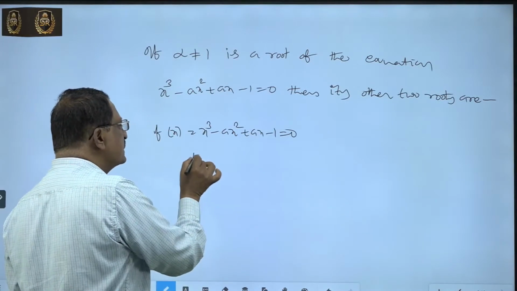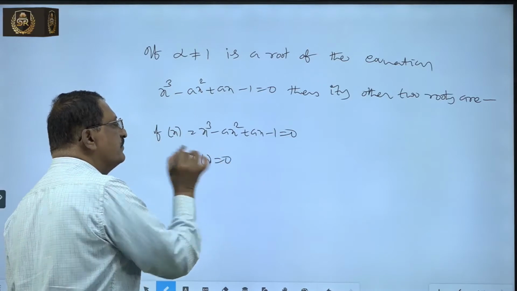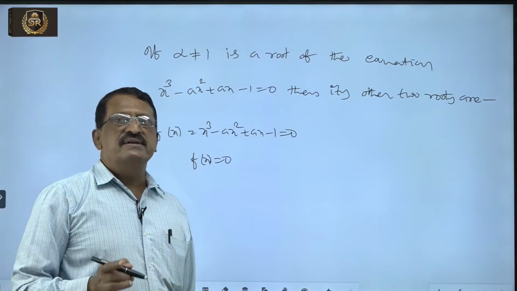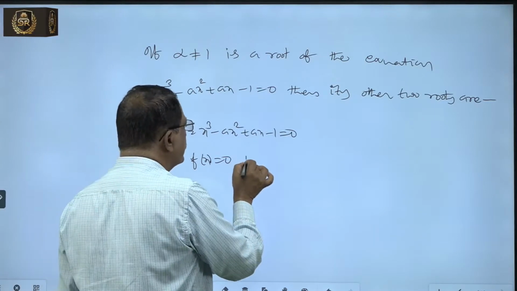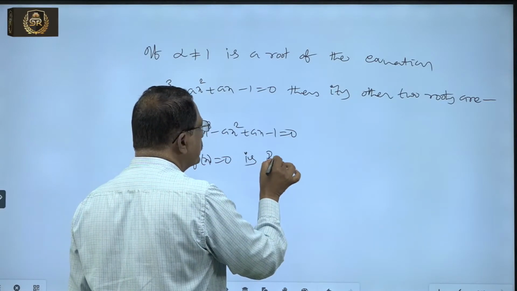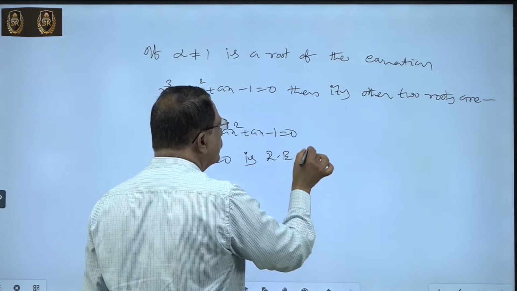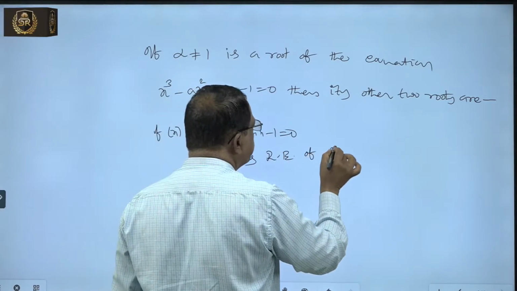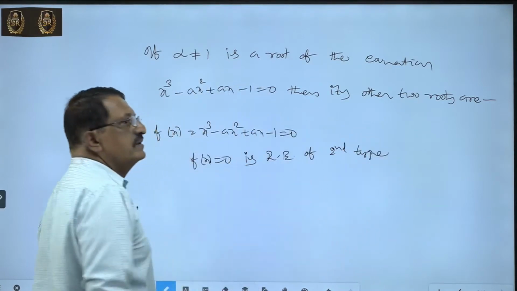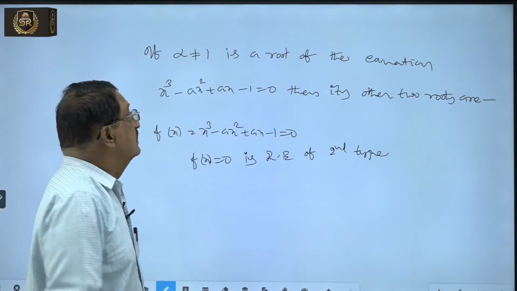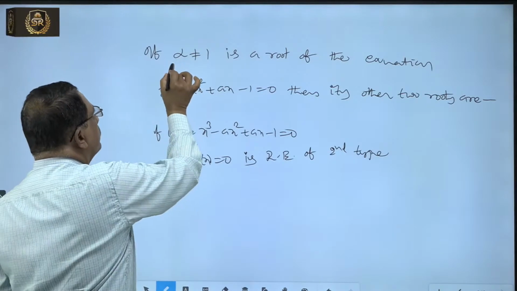Therefore f of x equals 0 is a reciprocal equation, a reciprocal equation of second type. Given one root is alpha.